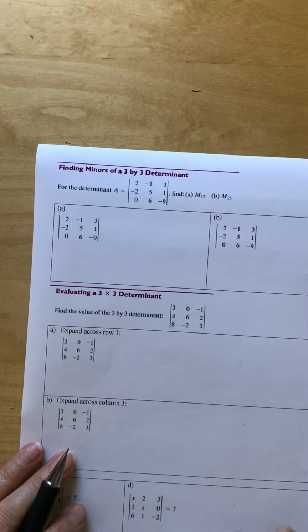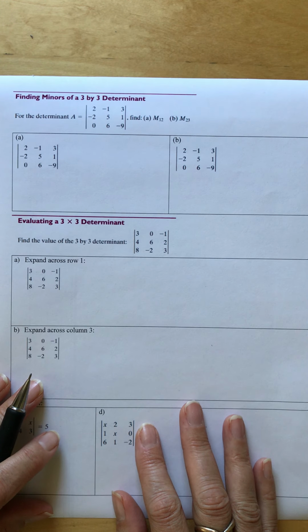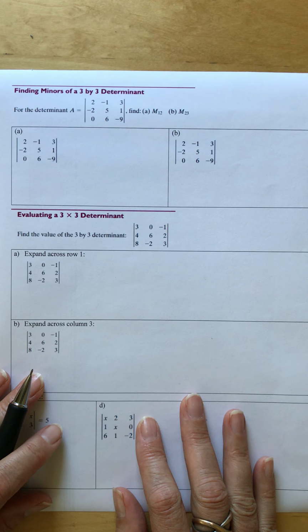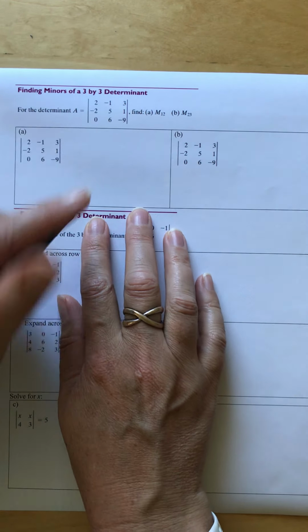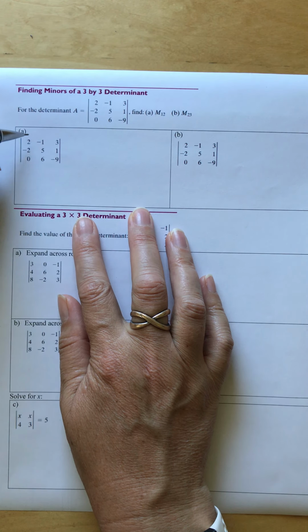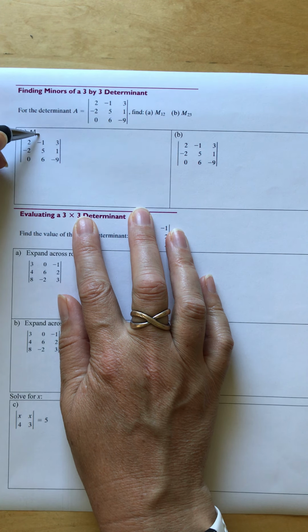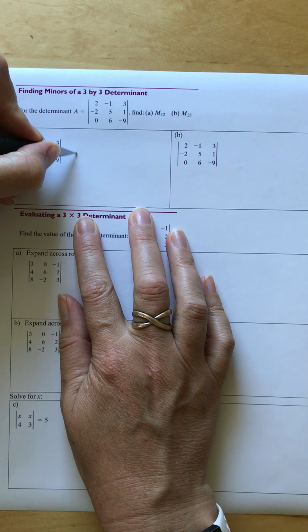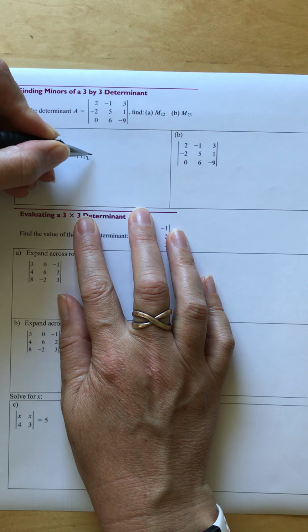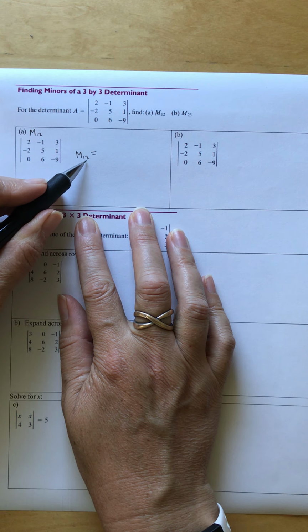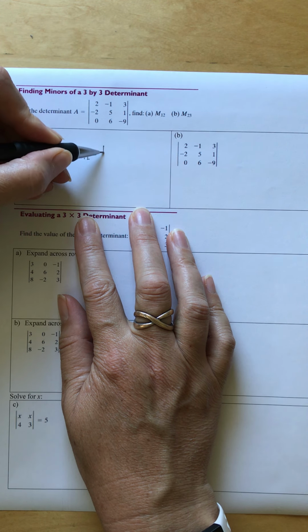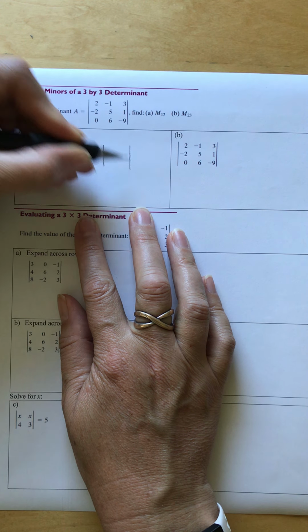So first thing is finding minors of a 3 by 3. This is just part of the steps of finding the determinant. So for this one, we're supposed to be finding M12. M12, the minor for row 1, column 2, is going to be the determinant of the remainder of the matrix.